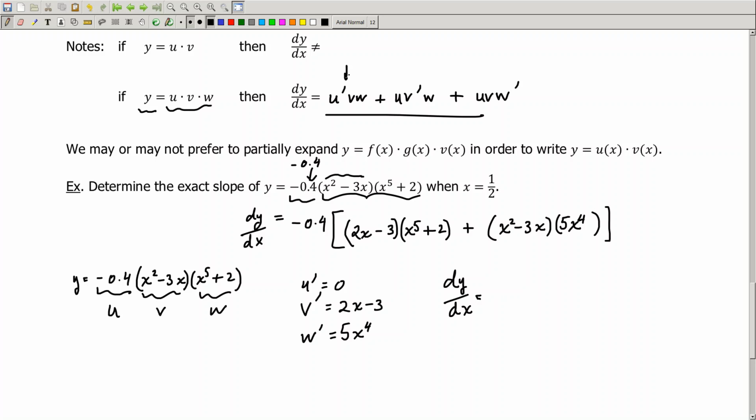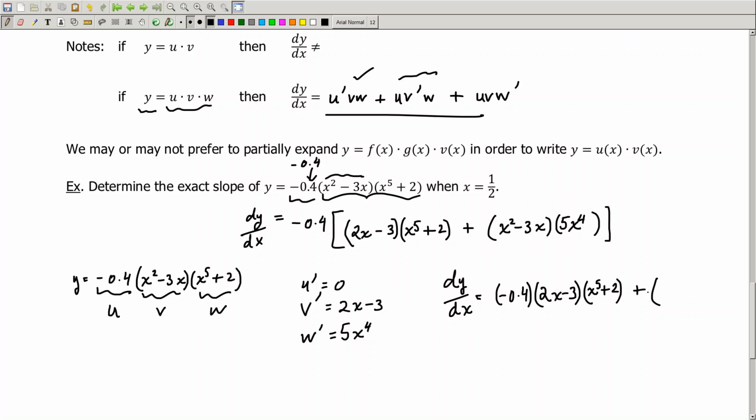Now in the first term I've got u prime, but u prime is equal to 0. So that term doesn't exist. So we move on and we go with u, v prime, w, and I just tack them on together. So we go u, v prime, and w.